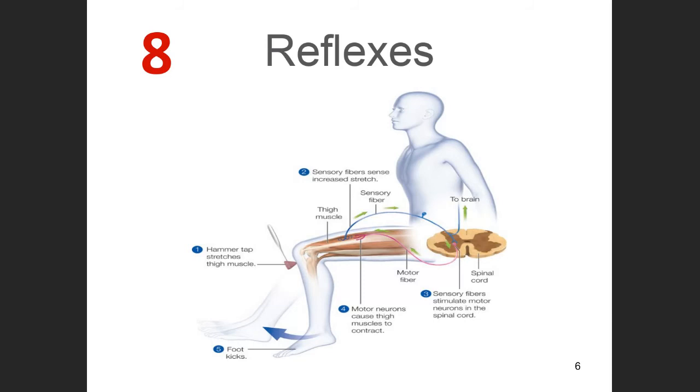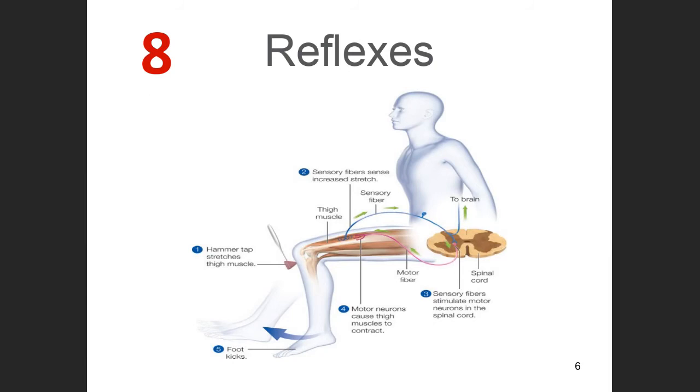For example, if you're having a neurological evaluation and the doctor taps your knee with one of those little hammers, then signals are sent to the brain, and your thigh muscle stretches out, and so your foot kicks, and that's not anything you have any control over because it's a reflex. It just happens.